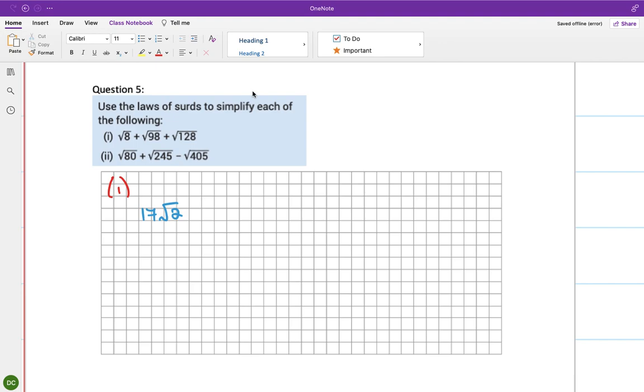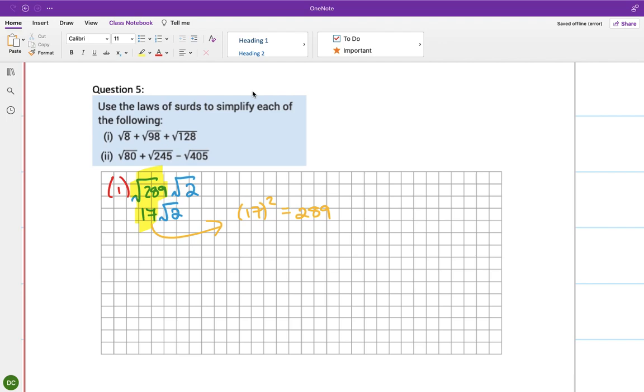So the way to do that, because this one isn't on the wall, is square the 17. So 17 squared is 289, which means the square root of 289 is 17. You can double check that if you want. So if you type the square root of 289 into your calculator, it should tell you that it's 17.